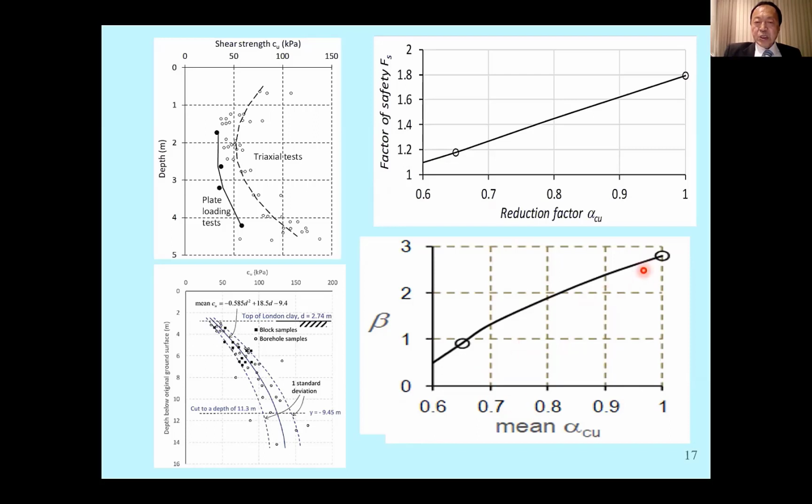In reliability analysis, if you do not reduce the fissured strength, you end up with a reliability index above 2.5, which is considered adequate. But the moment you have a reduction of 0.9, 0.8, 0.7, 0.6, the reliability index becomes unacceptably low.